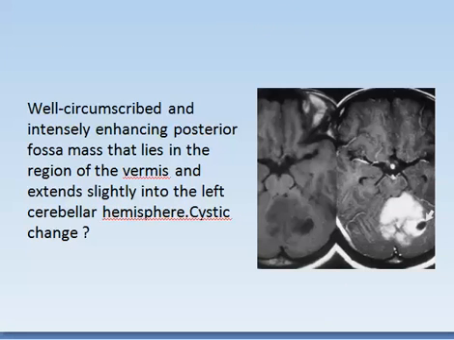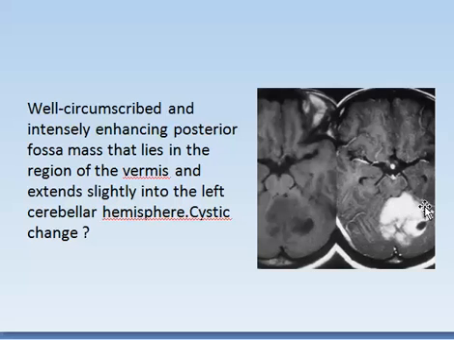Now here it is, T1 with contrast: a well circumscribed, intensely enhancing mass at the posterior fossa, involving the region of the vermis, and extending slightly to the left cerebellar hemisphere.